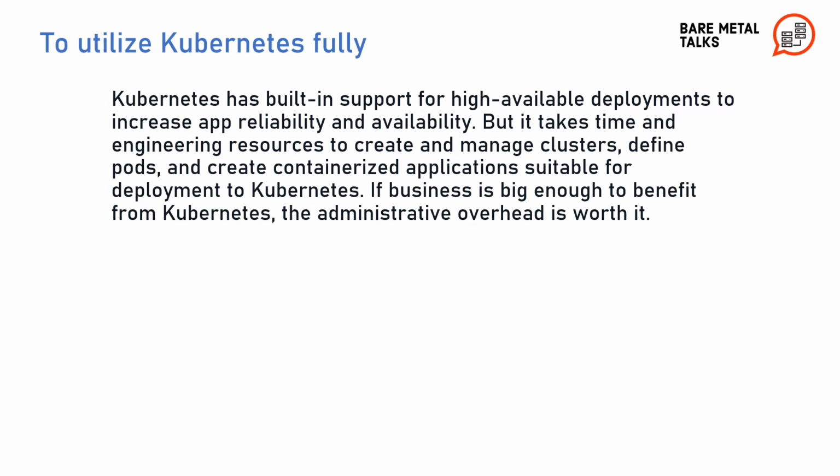Kubernetes has built-in support for highly available deployments to increase application reliability and availability. But it takes time and engineering resources to create and manage clusters, define pods, and create containerized applications suitable for deployment to Kubernetes. If the business is big enough to benefit from Kubernetes, the administrative overhead is worth it.